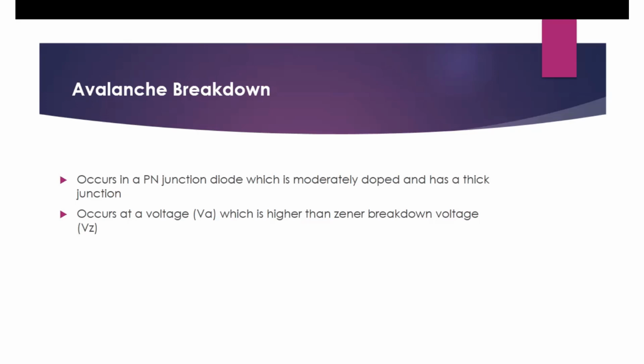This results in a net current that rapidly increases. So we can say that avalanche breakdown occurs in a PN junction diode which is moderately doped and has a thick junction, and it also occurs at a high voltage which is higher than the Zener breakdown voltage.